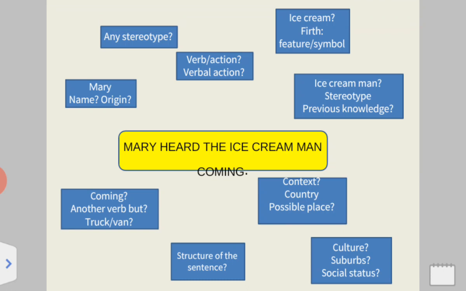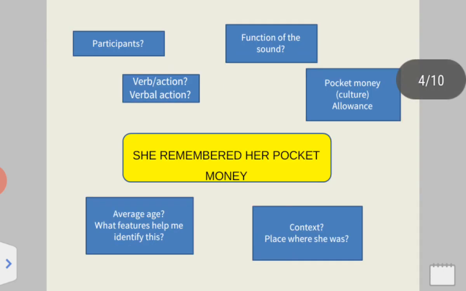Displaying a situation. Let's continue with the next sentence, which is she remembered her pocket money, right? Again, who are the participants? Here we have Mary again. We don't have the ice cream man, right? But we have Mary. We have another verb, another action, right? Remember, which is verbal or non-verbal?